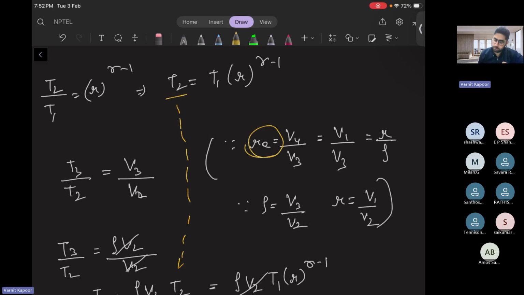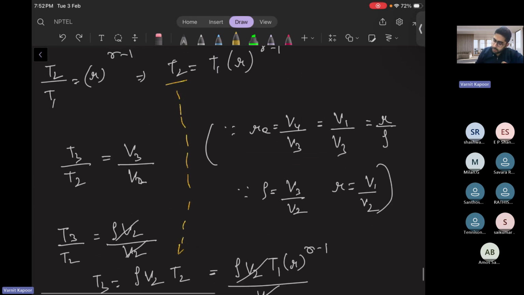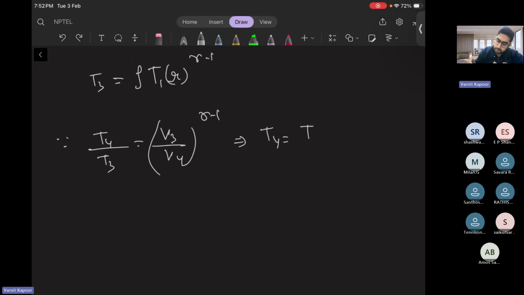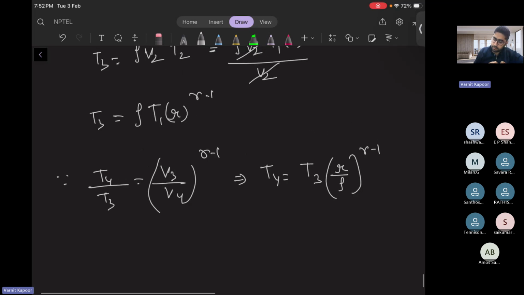Or am I wrong? Expansion ratio, yeah. An expansion ratio can be written as R by rho. So can I write it as T3 times R by rho to the power of gamma minus 1. Clear?